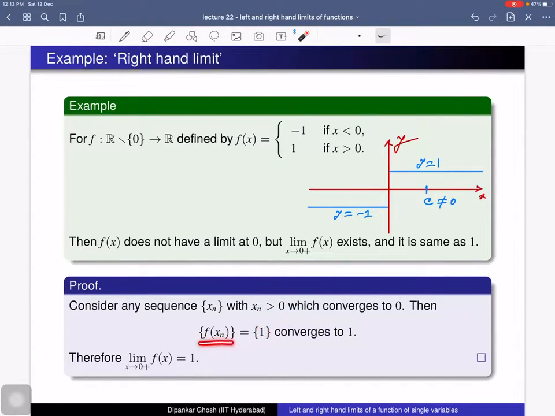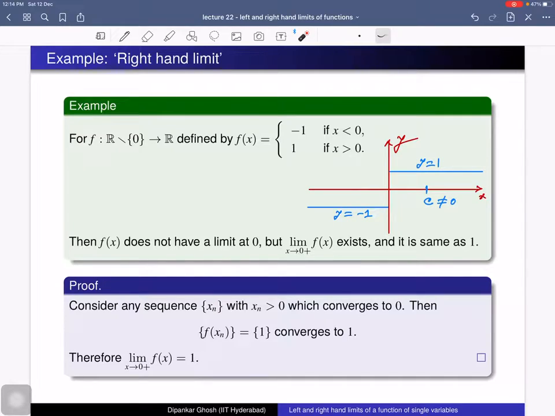So this sequence is just a constant sequence and it converges to 1. So for any sequence which lies on the positive side of the x axis and converges to 0, the function values converge to 1. So by definition this right hand limit exists and it is the same as 1.